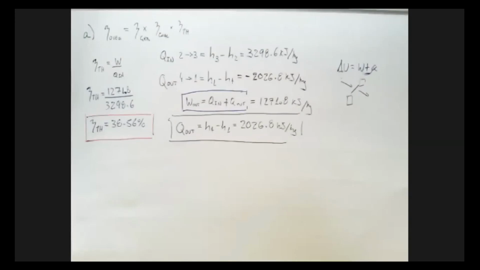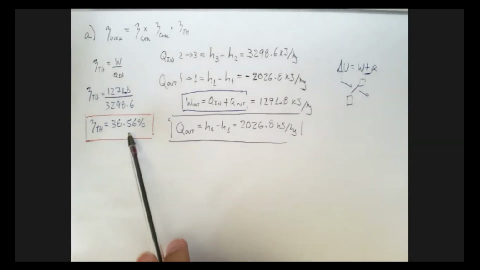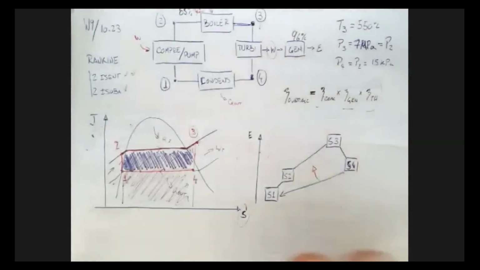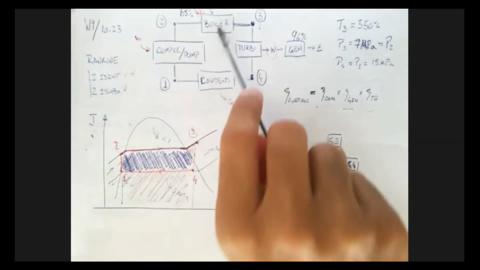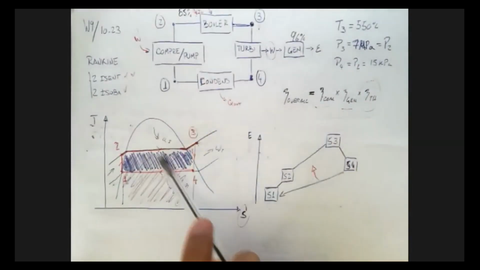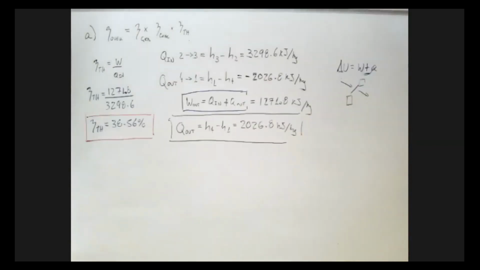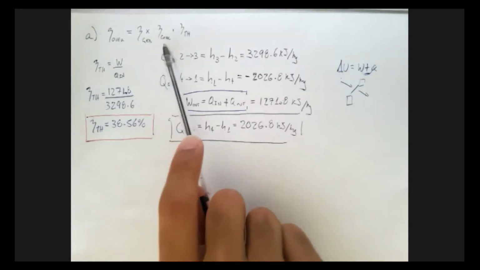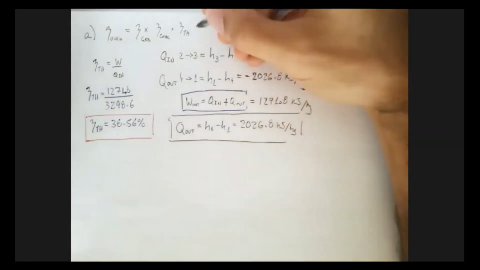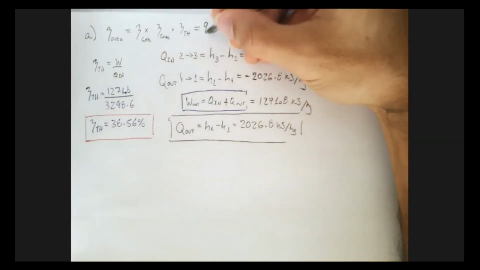So I had another question here, which is, this 38% is only for the cycle. That's 100% correct, right? So this 38% is only accounting for the energy that the boiler already has from the coal. It can output from the turbine 38% of it. This is not for the whole thing, right? So the whole thing is going to be generator times the coal times this 38%. So generator is 96%.